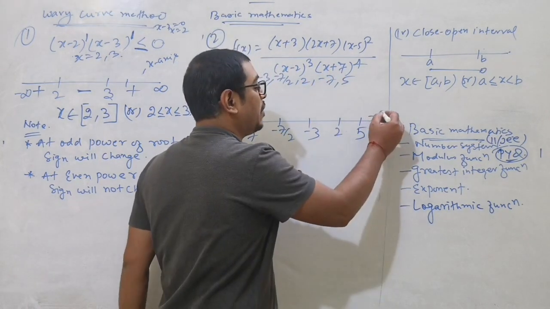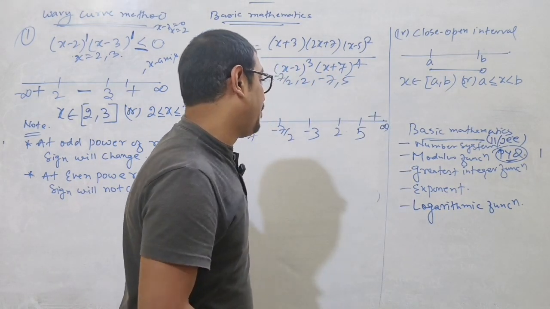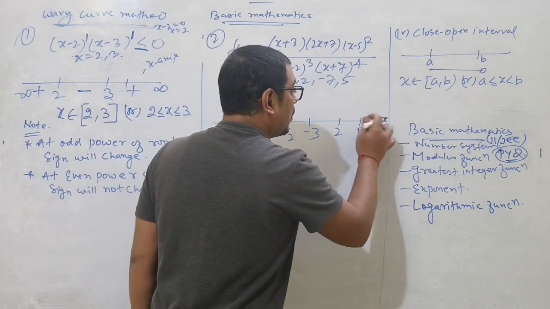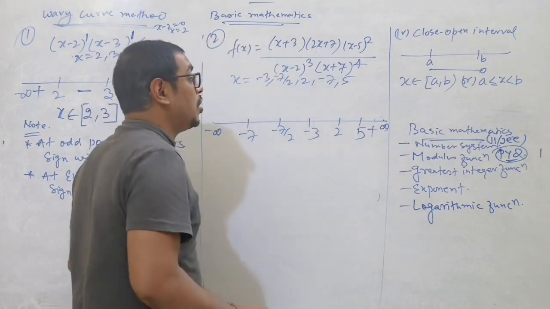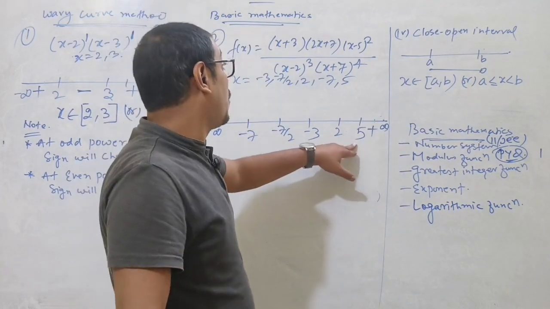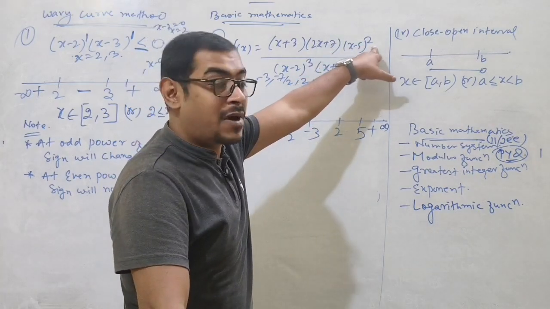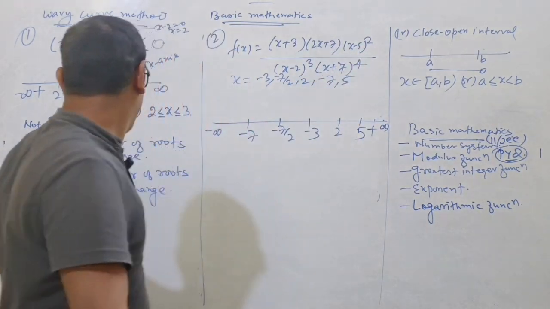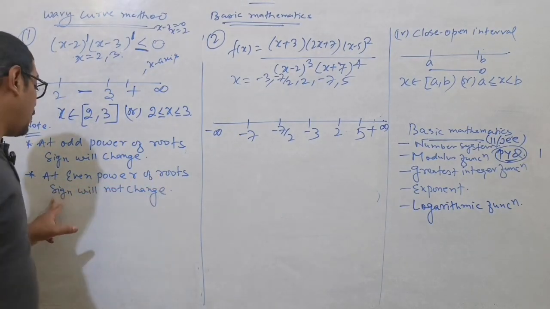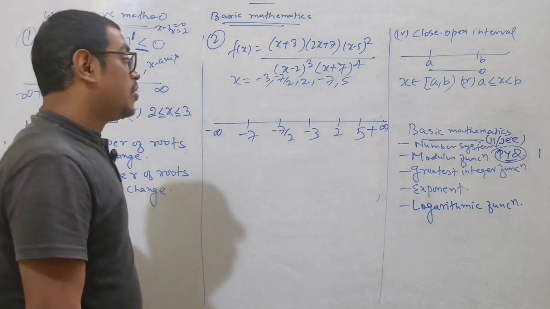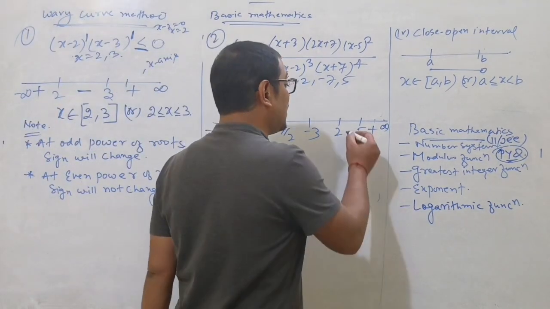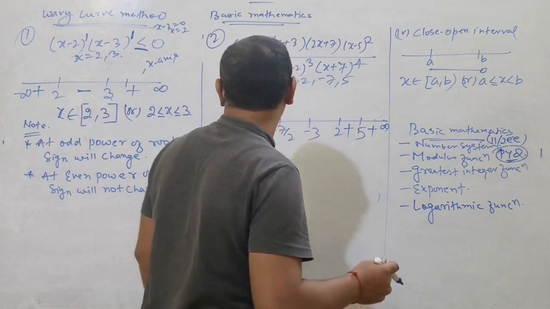So overall we got positive. Now 5 comes from where? It comes from here, and the power is even. I already said at even power of root the sign will not change, so it is plus, then plus.